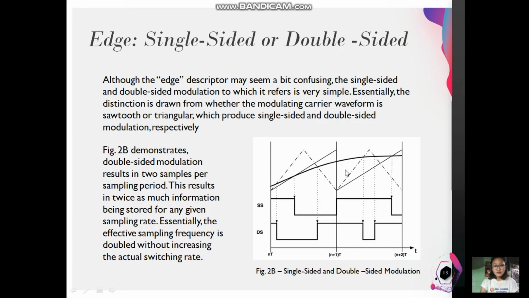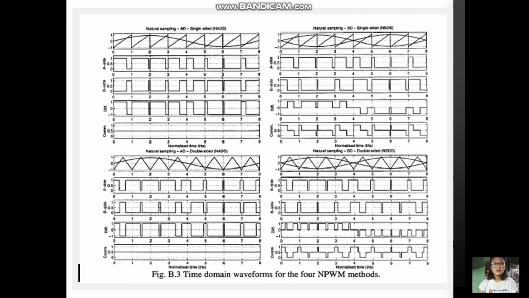So this figure demonstrates a double-sided modulation results in 2 samples per sampling period. This results in twice as much information being stored for any given sampling rate. Essentially, the effective sampling frequency is doubled without increasing the actual switching rate.